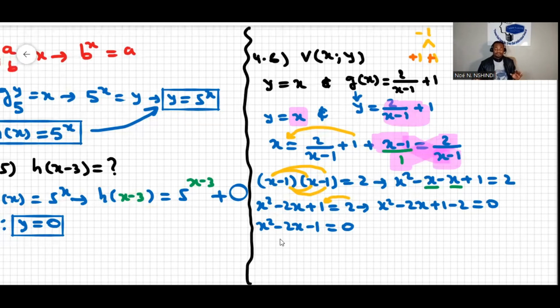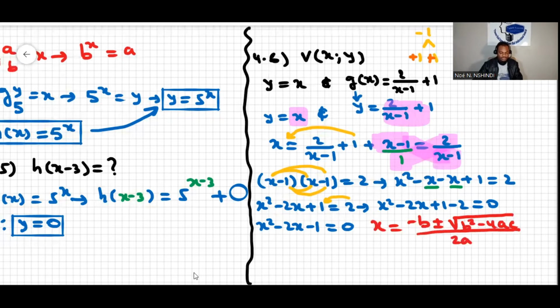In a situation like this, we are going to use the quadratic formula, which is given by x equal to minus b plus or minus the square root of b squared minus 4ac, all over 2a.